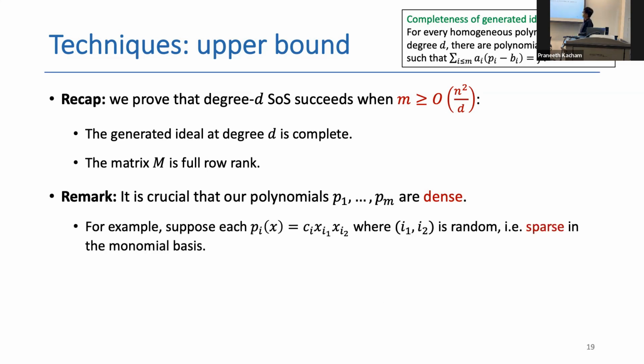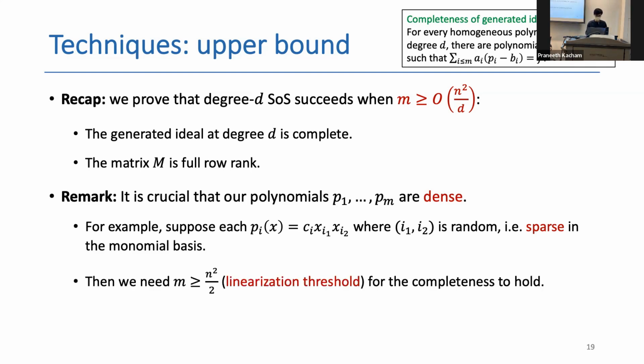Because, for example, suppose each PR is actually just a single monomial where the indices I1 and I2 are chosen randomly, so they're sparse in the monomial basis. Then we can construct examples where we need n squared over 2 for the completeness to hold.